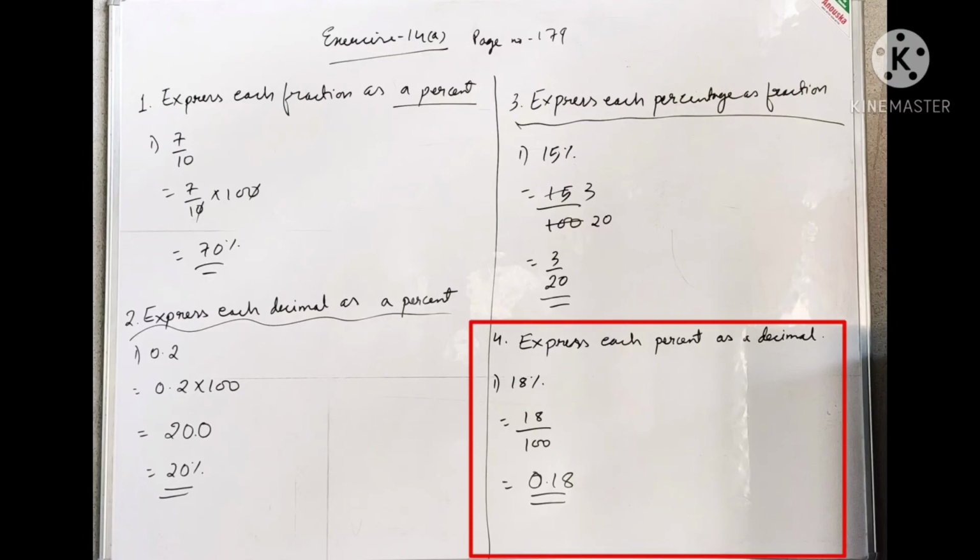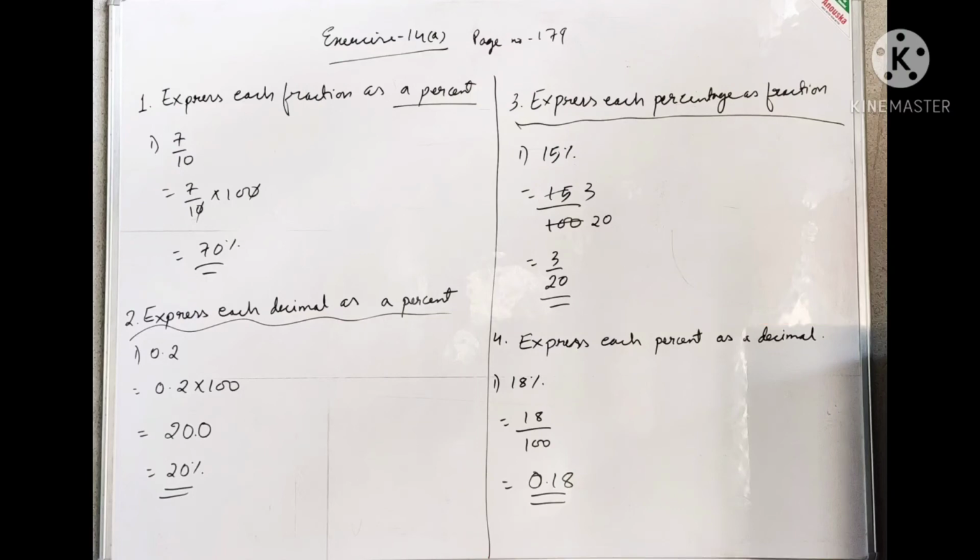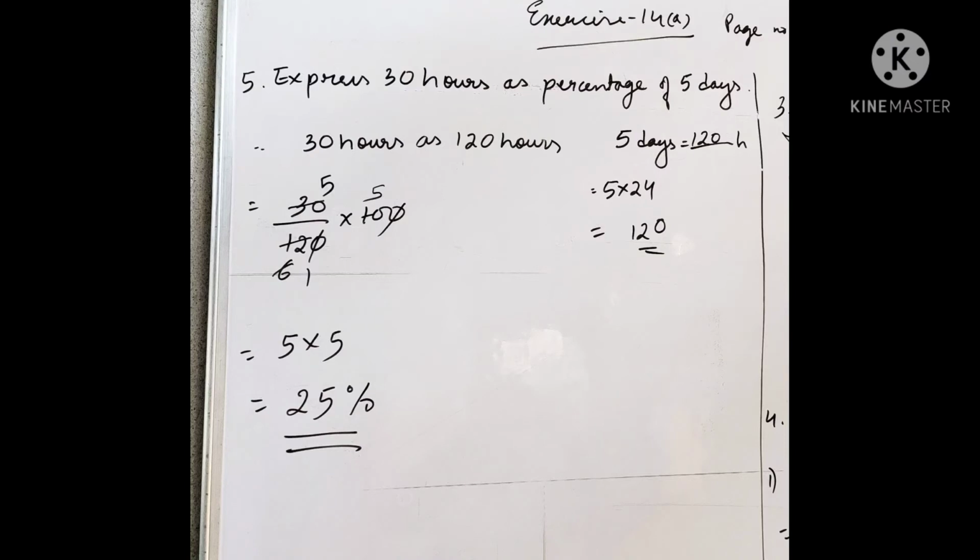Clear? So next, let's see how to calculate the percentage when you have to find the percentage of something, of the total or as a whole. Like in question number 5, it is telling us to express 30 hours as a percentage of 5 days. So here you are asked: 30 hours is what percentage of 5 days?